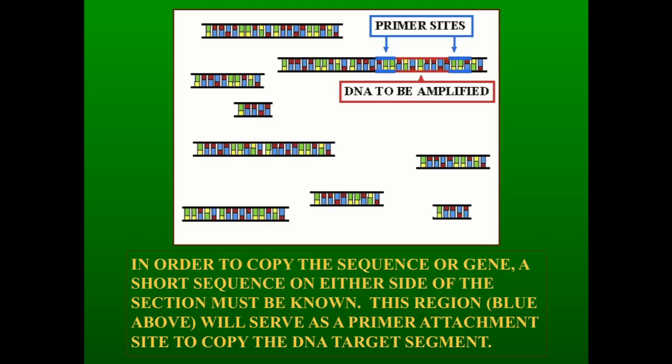In this case, the CODIS of 13 different loci that are recognized by the FBI for forensic analysis constitute known primer sites. So these are known regions of DNA. So the primers then are well known.